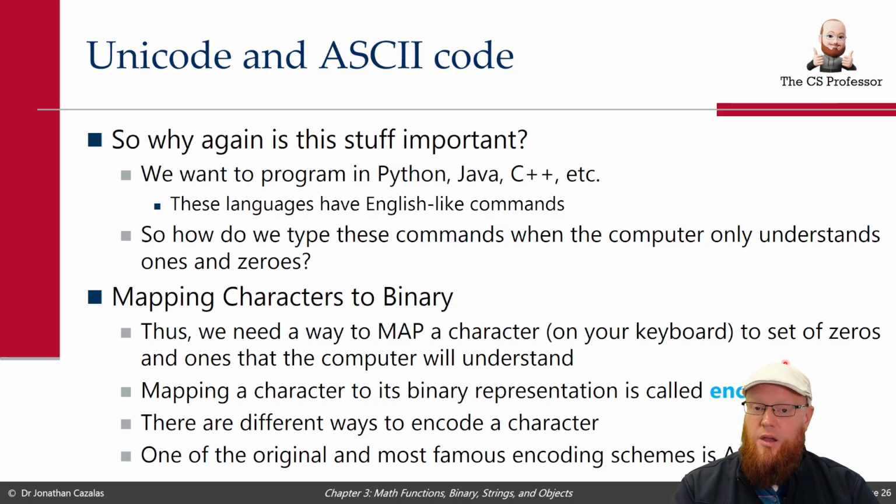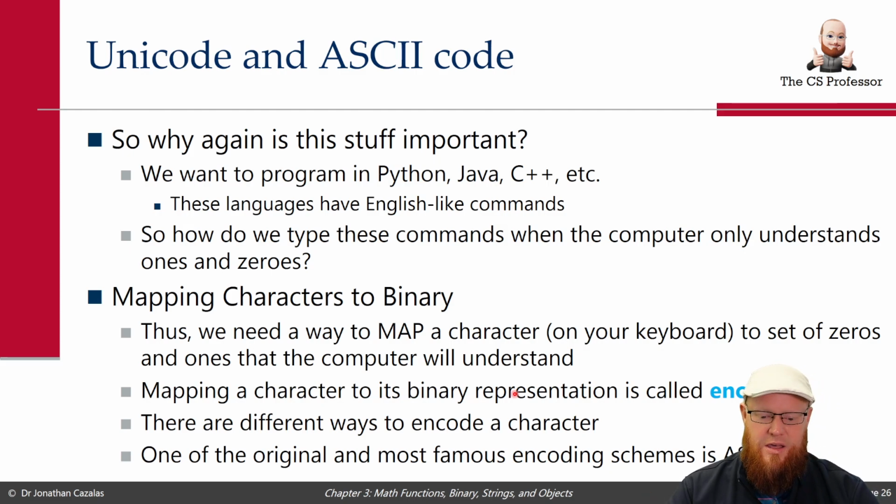Allow me to repeat that. Your computer only understands zeros and ones, but you're typing in print to print. Well, your computer does not understand the letter P. It doesn't know what P is, but it knows zeros and ones. So every single character that you type has a binary equivalent, and that is called an encoding. What is an encoding? Mapping a character to its binary representation is called an encoding.